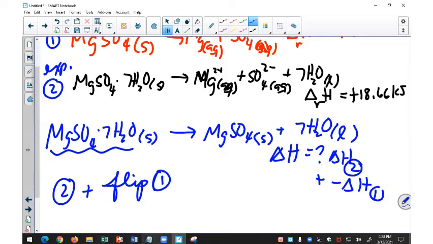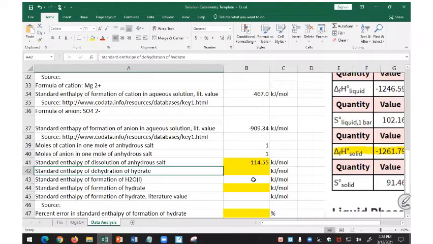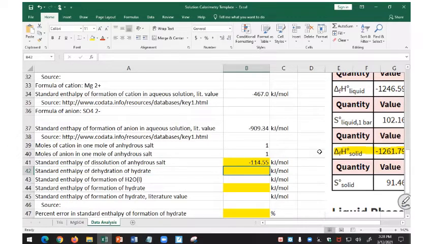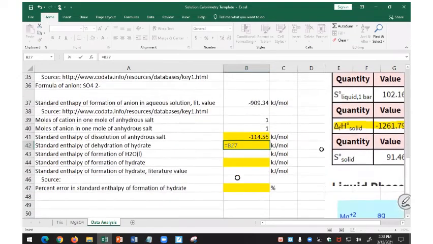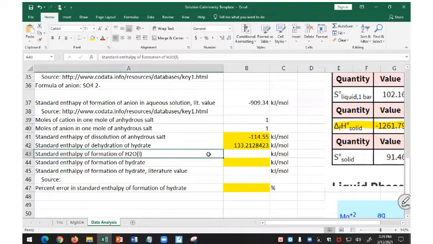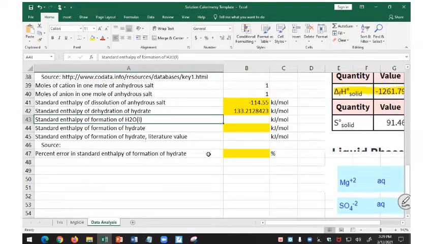So how do I enter that formula right here? Equal to the value for reaction 2. Oh, that's not 2. 2 is this one, right? Minus, flip the value for reaction 1. So plus the negative of the value for reaction 1. And this is our answer right here. So that's the standard enthalpy of dehydration of the hydrate.